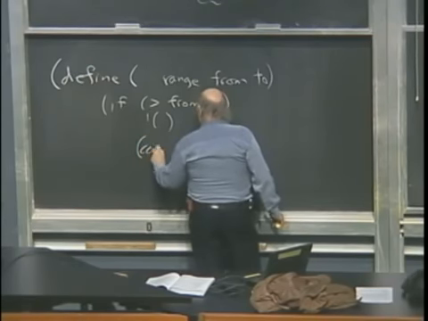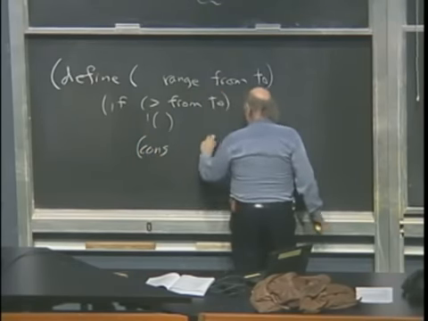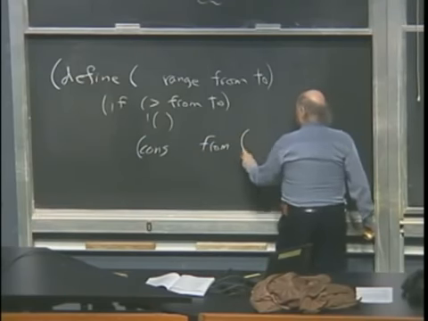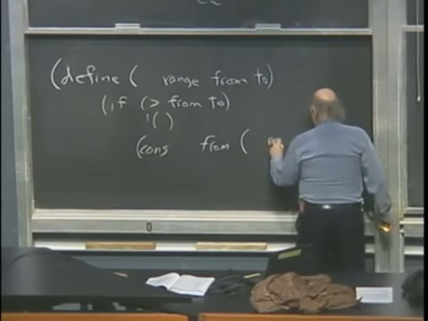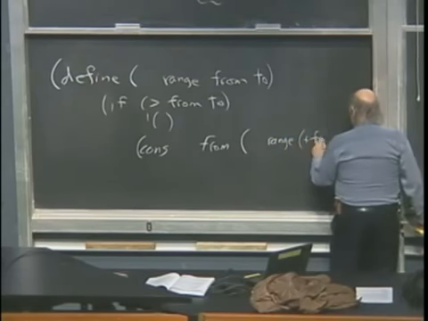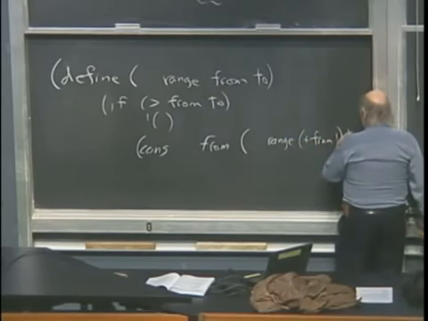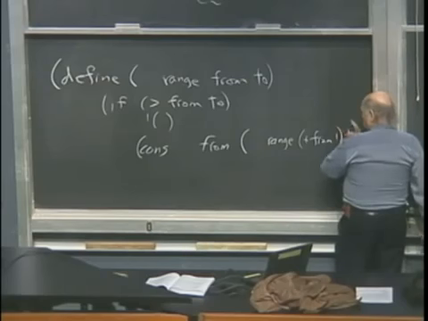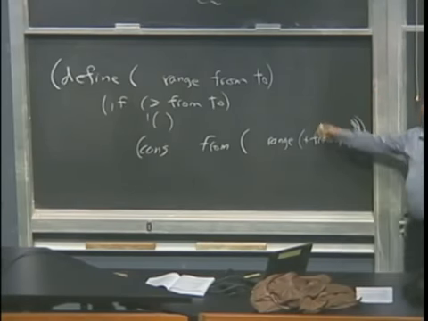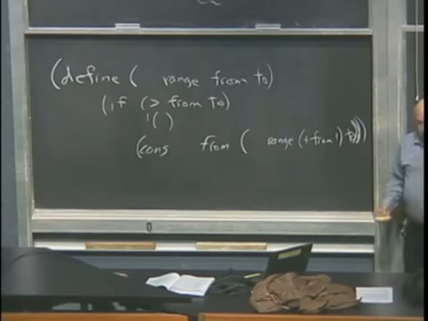Otherwise, cons from onto range plus from 1, to. Close range, close cons, close if, close define. Okay? That's the plain old range for plain old lists.